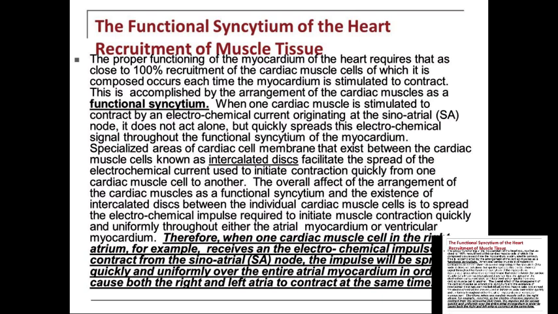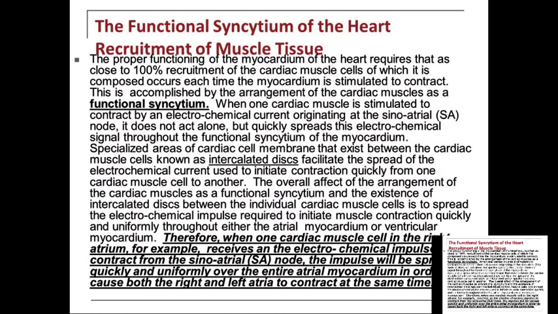So a functional syncytium is that every cell of the heart is recruited at the exact same time, keeping everything contracting in harmony. The electrochemical current that's generated through the heart, which starts through the pacemaker at the SA node, is going to move very quickly and send its conduction to both atria at the exact same time, so that the left and right atrium contract in harmony.